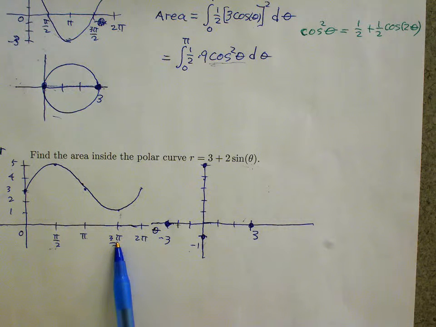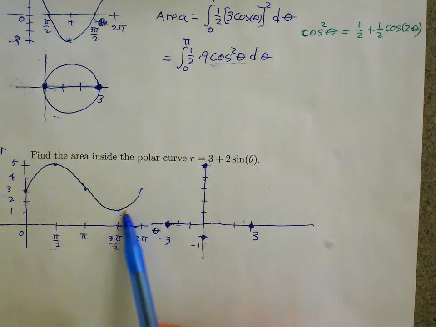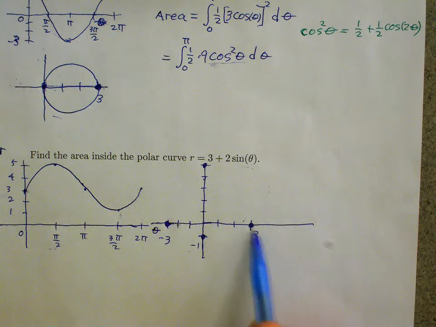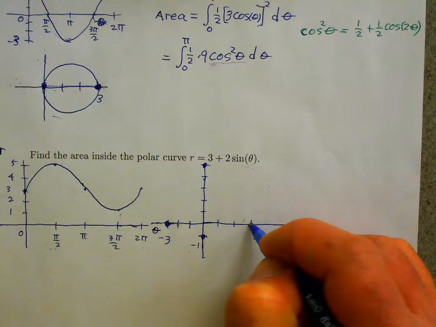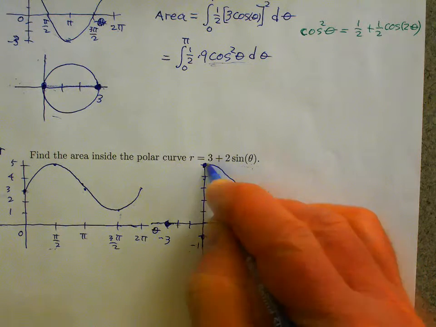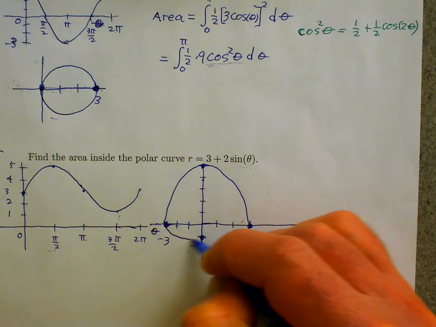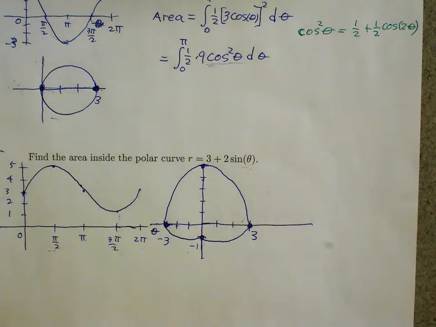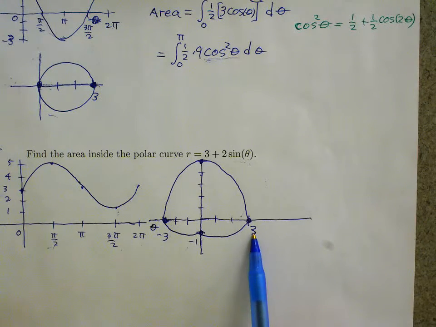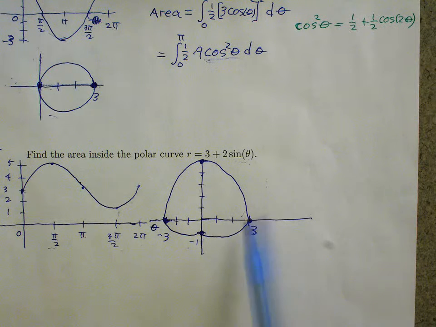And then from 3 pi over 2 to 2 pi, the curve goes back to 3. So this is roughly what the curve looks like. But the information that we were after is that it took us between 0 and 2 pi to sketch the curve. So that means the limits of the integral have to be from 0 to 2 pi.